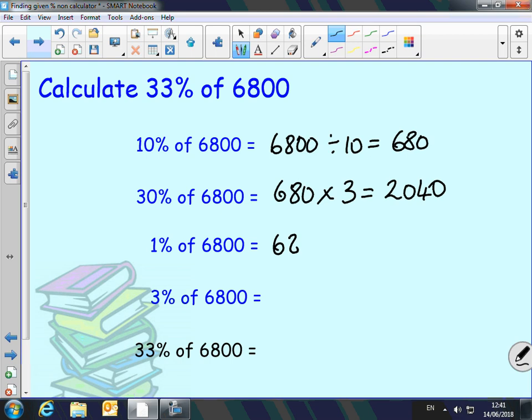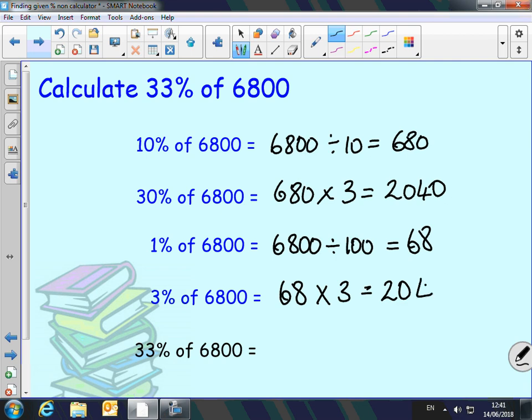Then next step, finding 1%. So we take 6,800, divide by 100. You would have moved everything 2 places to the right to give you 68. That's 1%. We are wanting 3%. So we take our answer to 1%, 68, multiply that by 3, and that will give you 204. Yes, 204.